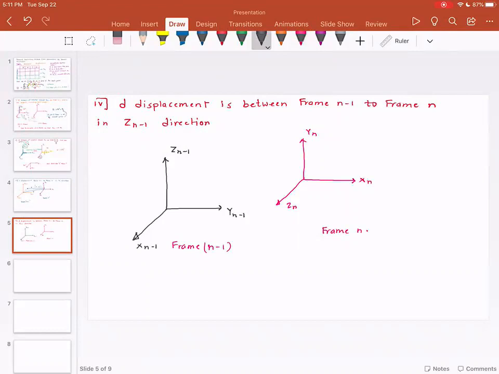And I'm gonna consider 2 points. And the distance that I'm looking at is this distance. This distance is d.